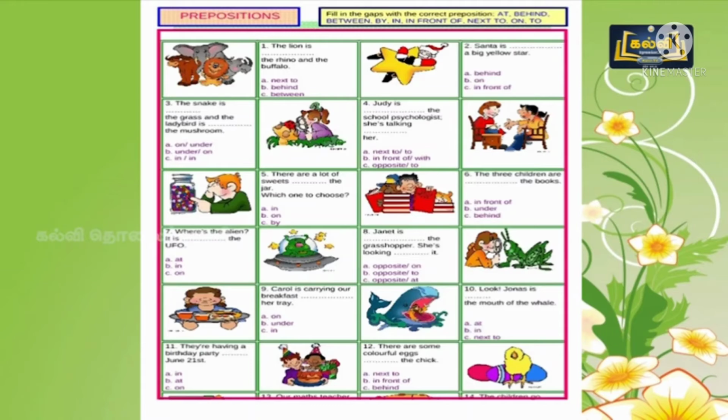First question is, the lion is dash the rhino and the buffalo. Can you identify the lion? Where is the lion? The lion is dash the rhino and the buffalo. The options are next to, behind, between.